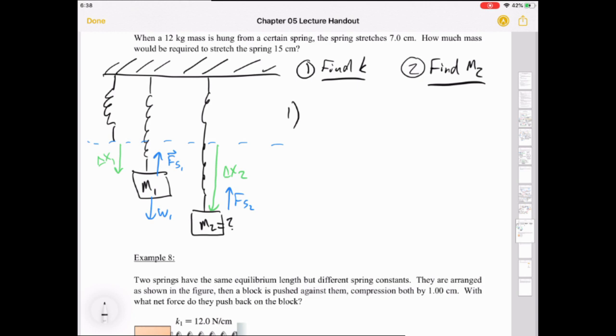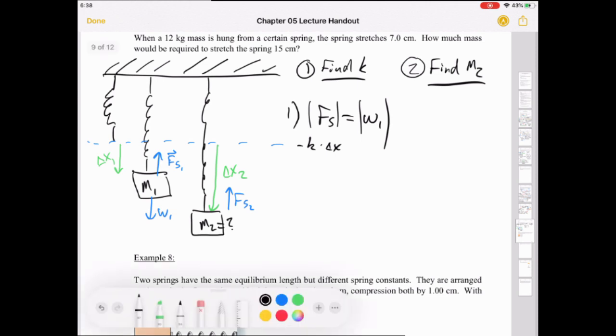Right, so we're just saying the spring force equals weight 1. And spring force, remember, is minus K delta x. But I guess I could say delta x is down, so delta x is negative, so those two negatives go away. But I feel like it's more useful here to say the size of the spring force equals the size of weight 1.